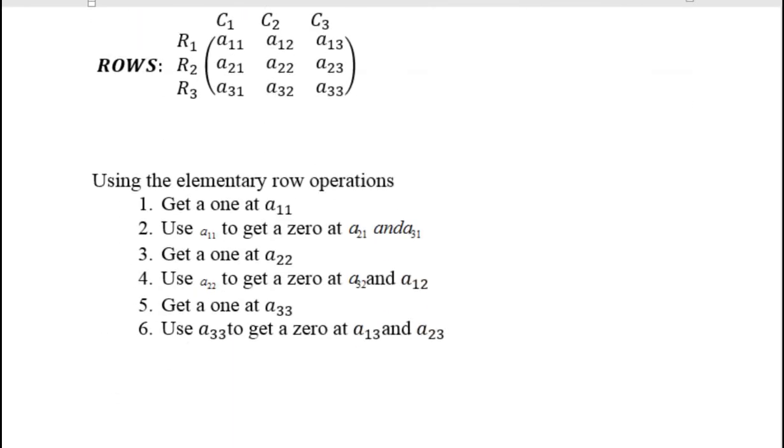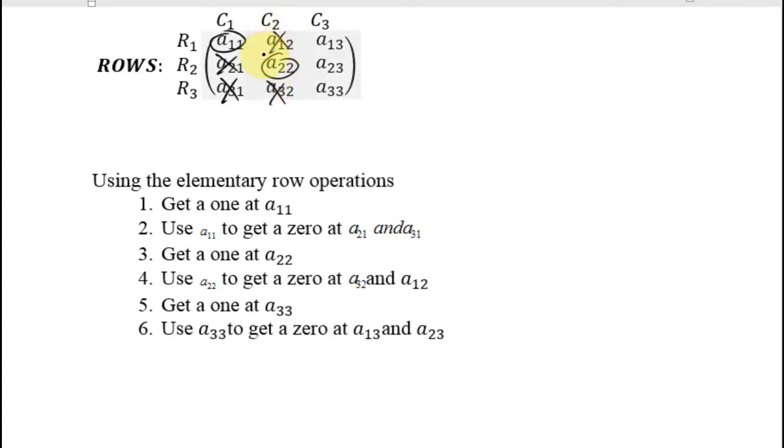So use the elementary row operations to first get a 1 at A11, that's here, and then use that 1 to get zeros below it, at A21 and A31. That's step number 2, excuse me. Step number 3, we want to get a 1 at A22. And then step number 4, use that 1 at A22 to get zeros above it and below it.